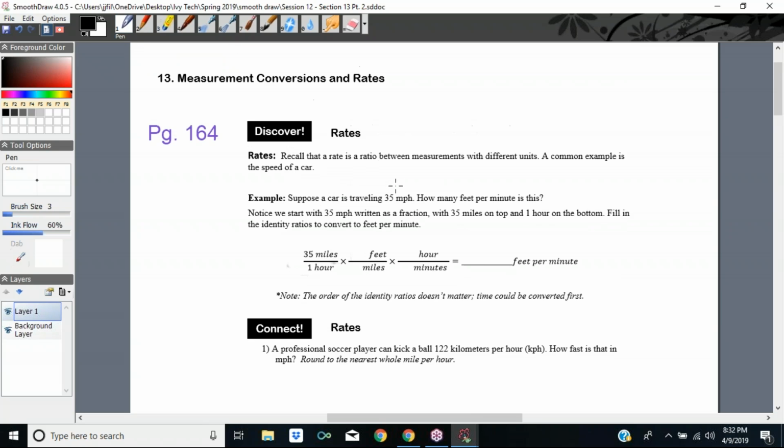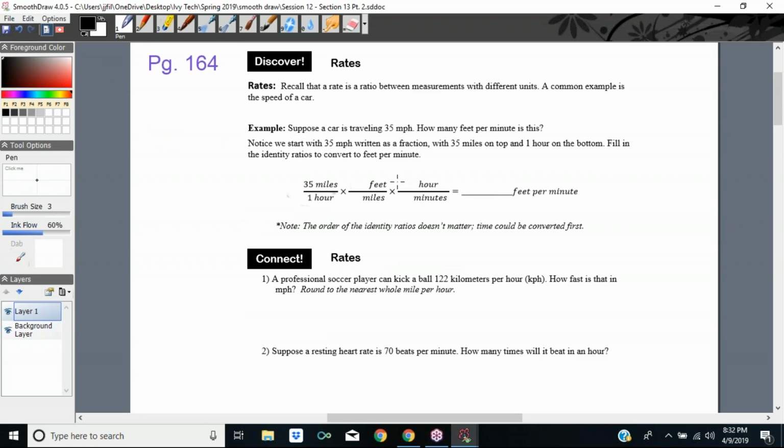This takes what we just did a little bit further. In the last example, we made one conversion when we had two different units. Now we're going to make two conversions. We're going to have to change the miles into feet and the hours into minutes. Notice how we start with hours on the bottom. That means when we do our conversion, hours has to be on the top because it's feet per minute, and minutes are going to be on the bottom.